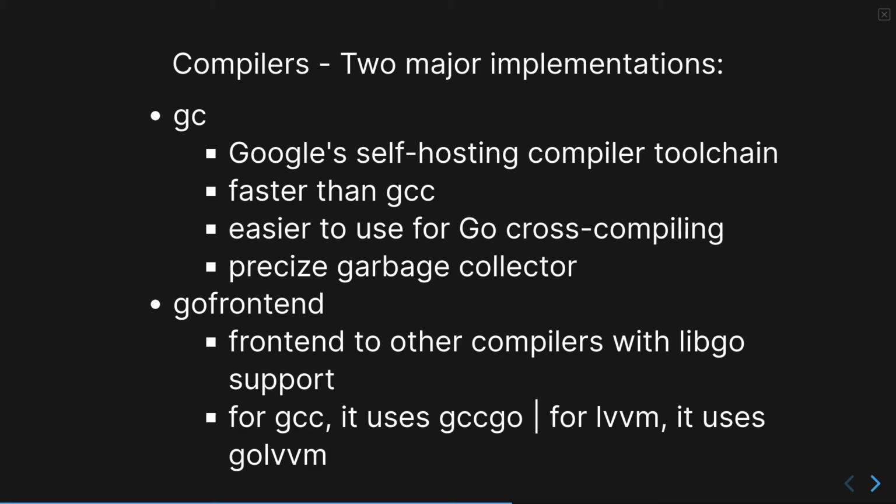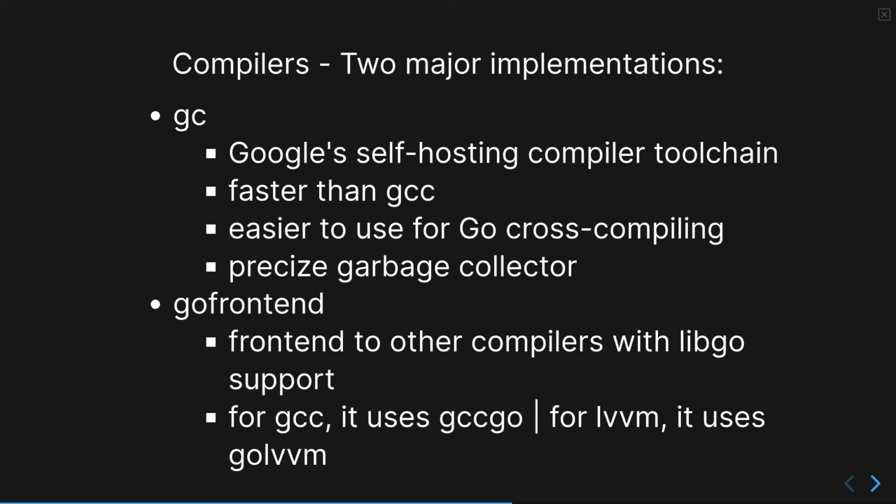If we don't want or can't use GC, there is Go Frontend, which provides us with, let's say, an abstraction layer over the GCC and LLVM compilers. I would say that for most cases, GC would be a better choice, as it's native for Golang.